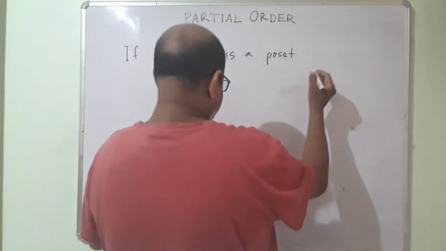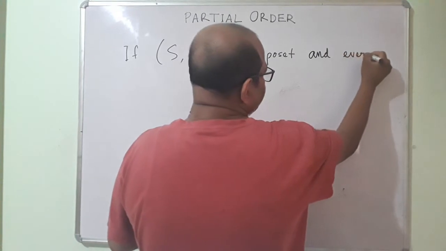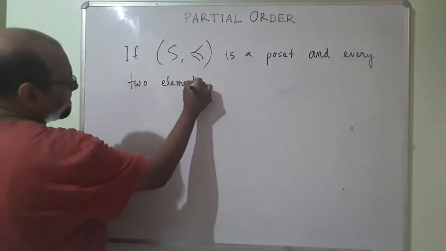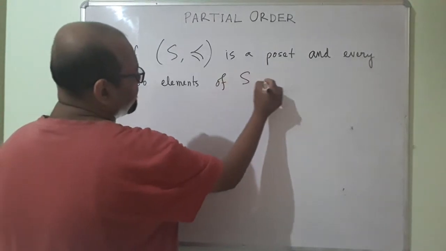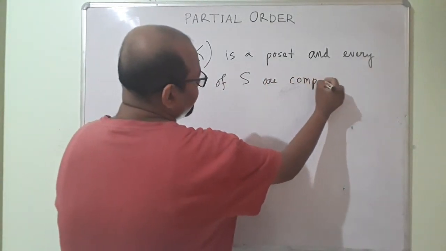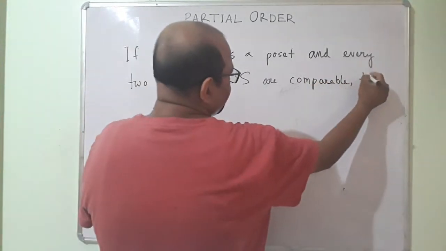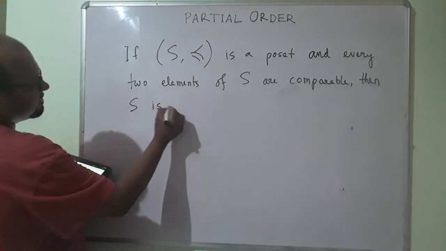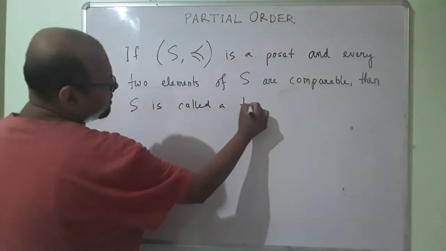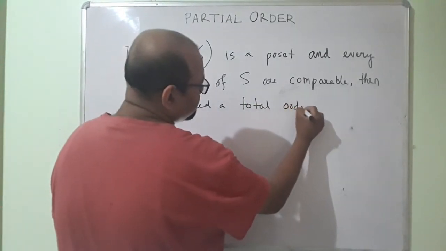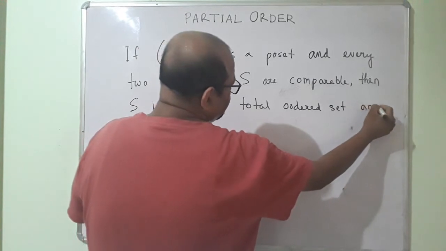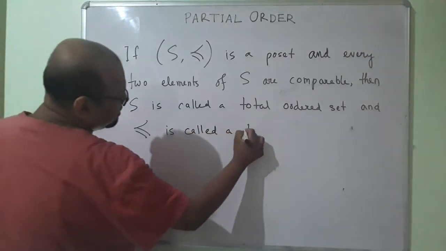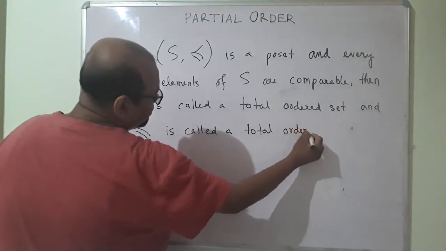So if this is a poset and every two elements of S are comparable, then S is called a totally ordered set and the relation is called a total order.